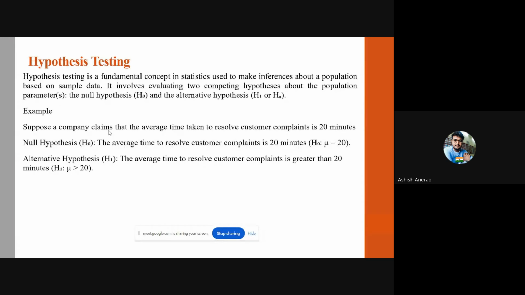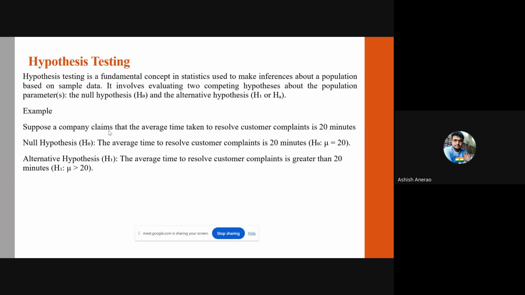And after using some tests or formulas in statistics, they decide whether the company solves complaints within 20 minutes or not. Whatever our problem, there are two possibilities: one is it happens, or the other is it does not happen.